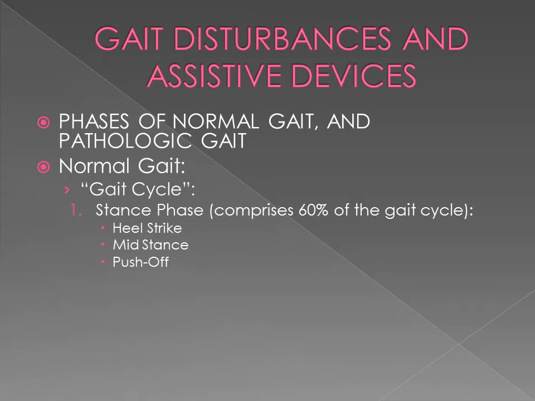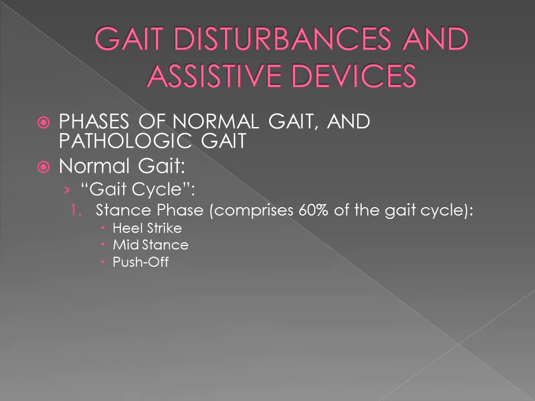With a shortened stance phase, or a shortened weight-bearing portion of the phase of gait, the ratio of 60-40 starts to change, and that 60 starts to become a smaller number. In fact, we might see a 50-50 type of ratio between the stance phase and the swing phase, or even less time involved with the weight-bearing phase. And this becomes quite easy to detect when it's present.